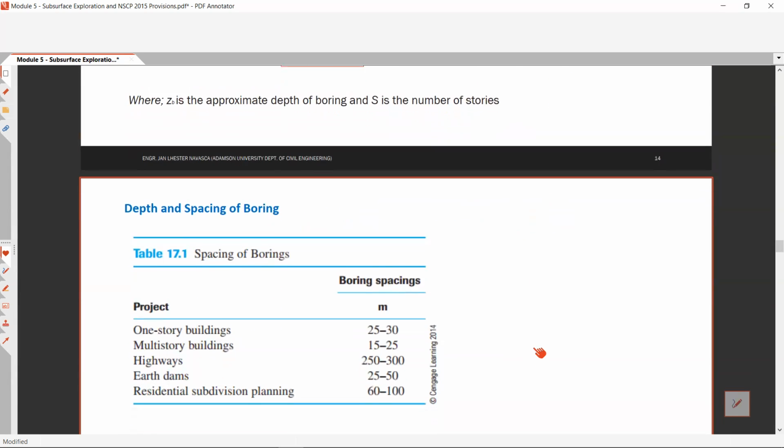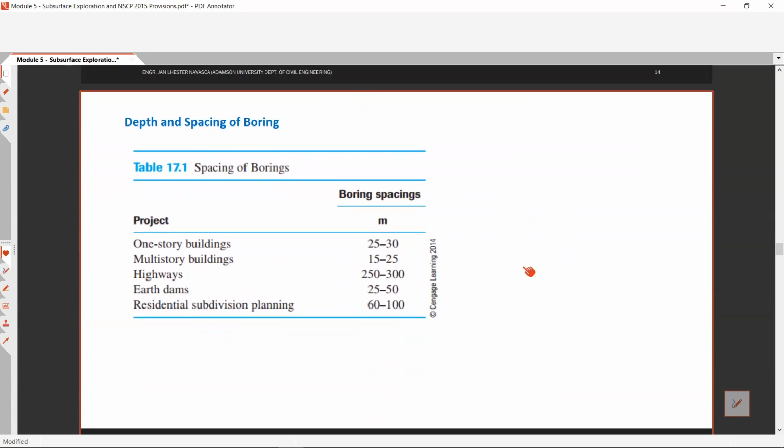Okay, and for the spacing of the boring or the spacing of boring samples, they are using this general spacing of borings. For one-story buildings, typically the spacing of the boring is 25 to 30 meters. Then for multi-story buildings, they use 15 to 25 meters.